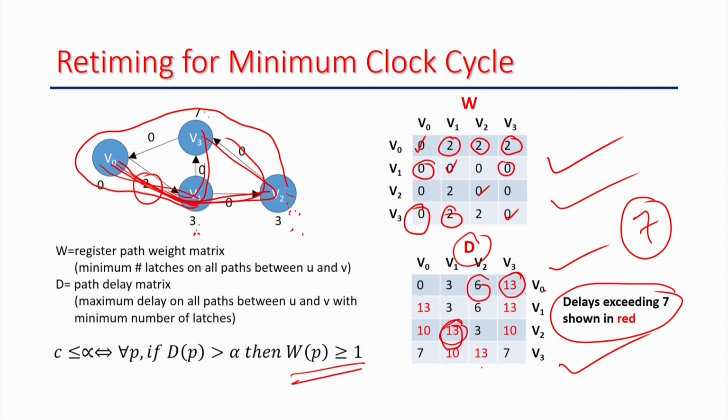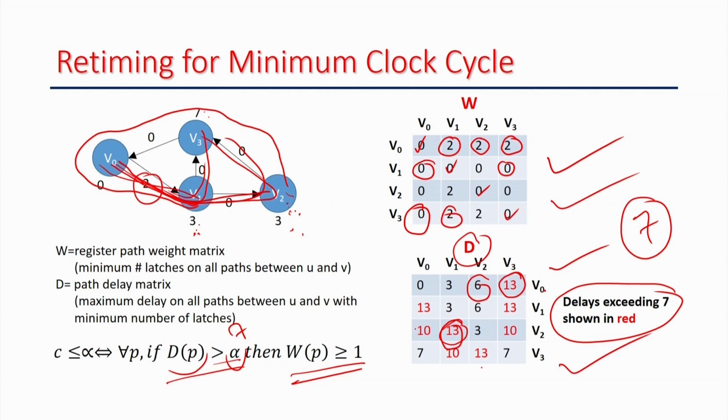And for all such paths where the dp, the delay of that path p, is greater than the target clock period, which is say 7 in our case, say this is alpha, then those paths should have at least one register after the retiming. Otherwise, it will not break the critical path, right. So, we have to consider all the paths.